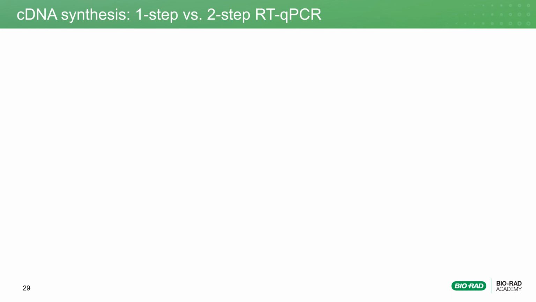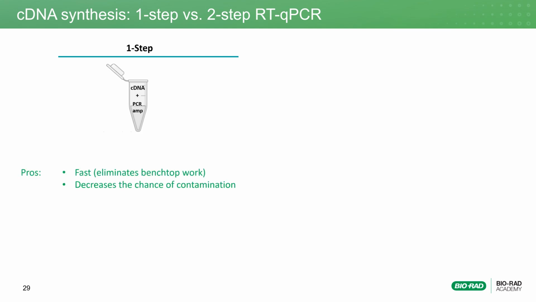To help decide whether the one-step or the two-step reaction is right for your application, let's consider a few pros and cons for each reaction setup, starting with the one-step reaction. Because the one-step reaction includes both enzymatic reactions within the same tube, it is considerably faster when it comes to completing your RT-qPCR protocol.